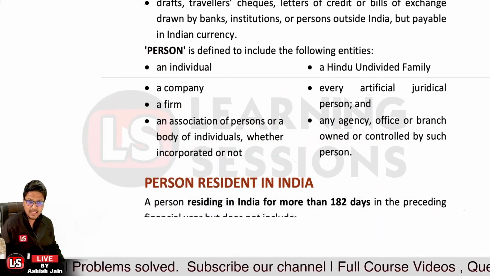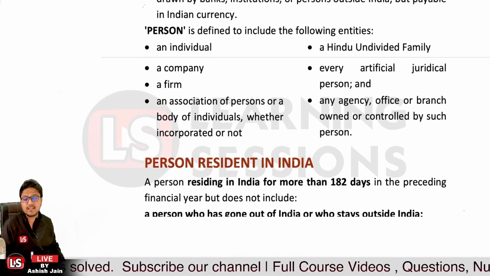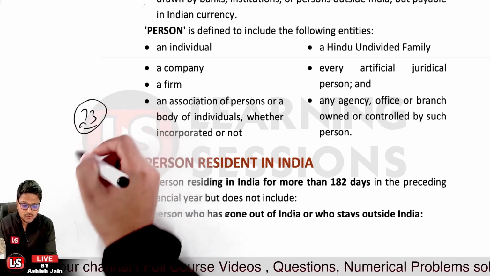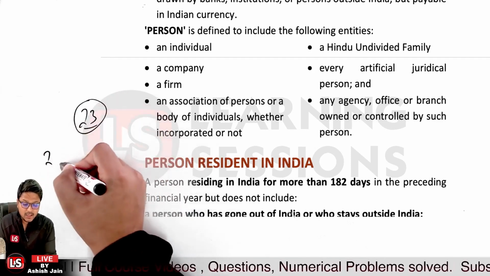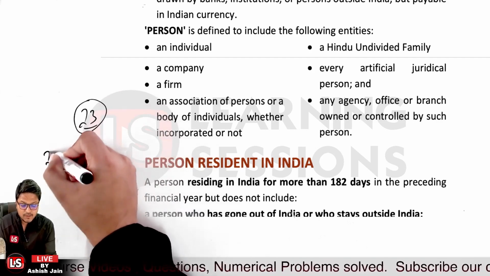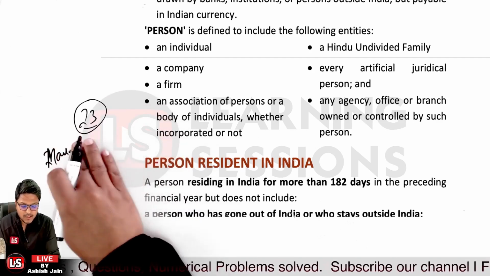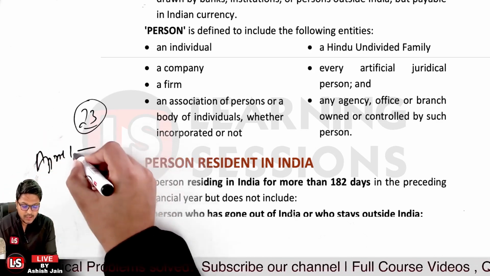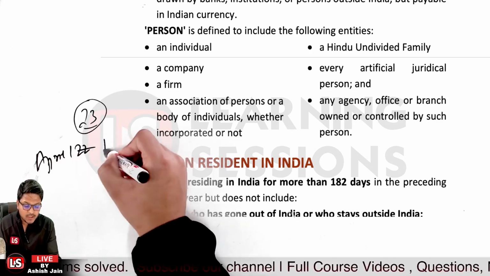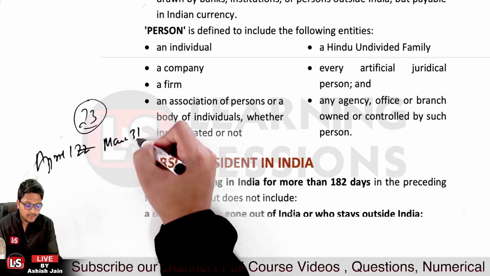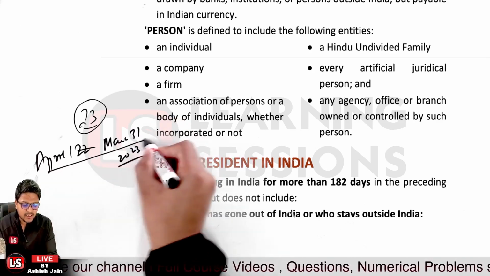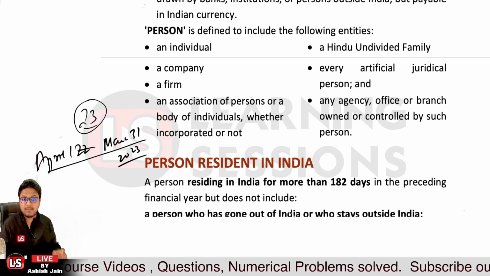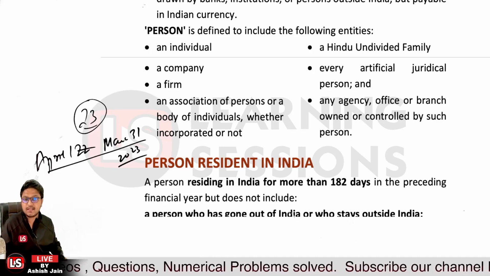A person residing in India for more than 182 days in the preceding financial year, like if we're talking about 2023, then the person who has been residing in India from April 1st 2022 to March 31st 2023. So if I have been residing in India for more than 182 days in the previous financial year, then the person is said to be a resident of India.